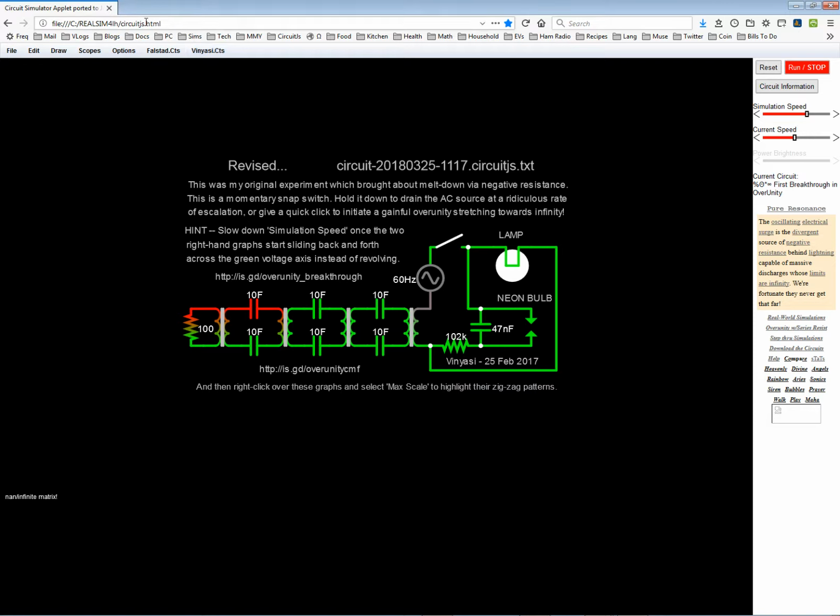In this case, the realistic simulator, all the caps and coils have equivalent series resistance, which is a bit more realistic. That's why I call it that. It's a modification of Paul Falstad's electronic simulator in that he left out equivalent series resistance, but LT-Spice includes it by default, and you can change it.